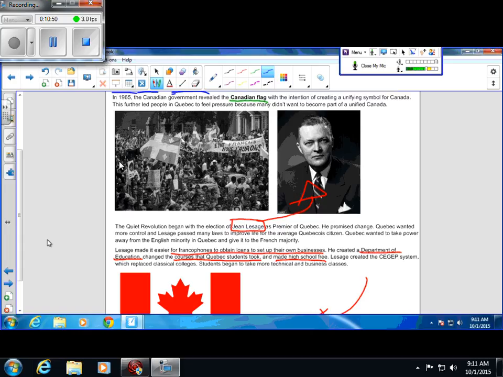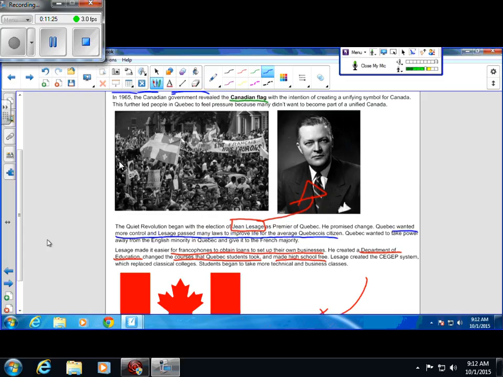Okay, so basically, after Maurice Duplessis died during his time in office, a man named Jean Lesage took over as Premier of Quebec, and he really pushed for change. He really wanted change, so he promised a lot of things for Quebec citizens, the French-speaking people. He wanted moral control, and Lesage passed many laws to improve life for average Quebec citizens.